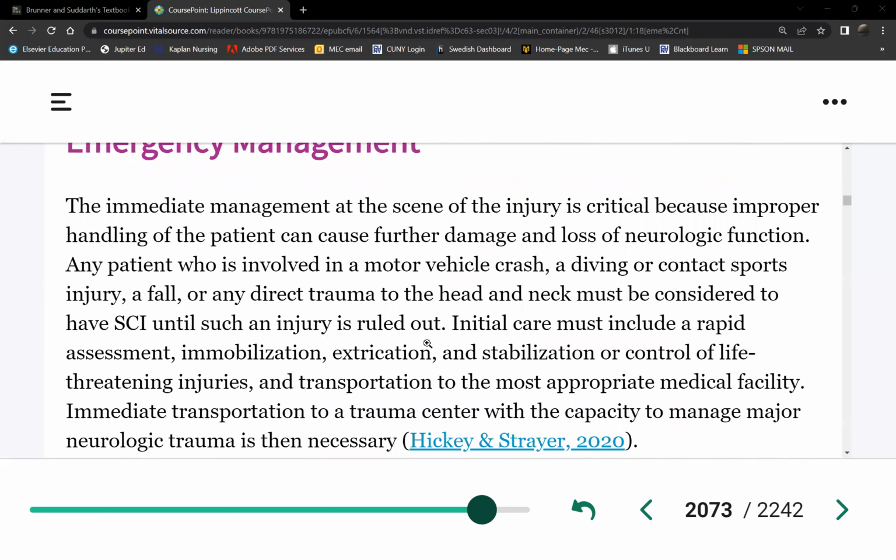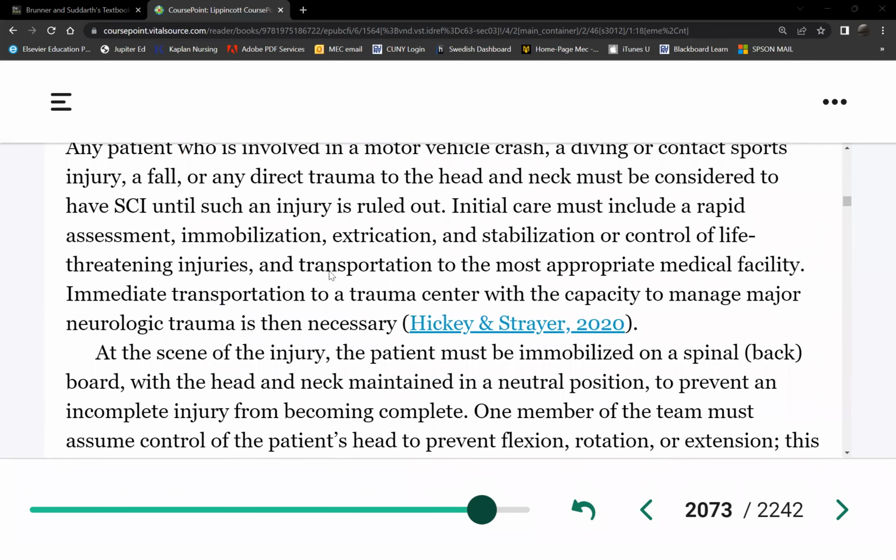Let's do emergency management. What will guide us with emergency? It's always ABC, right? Airway, breathing, and then circulation. After you ensure airway and breathing, then circulation, meaning you stop any obvious bleeding, if any, because again, the most common cause of these is trauma.